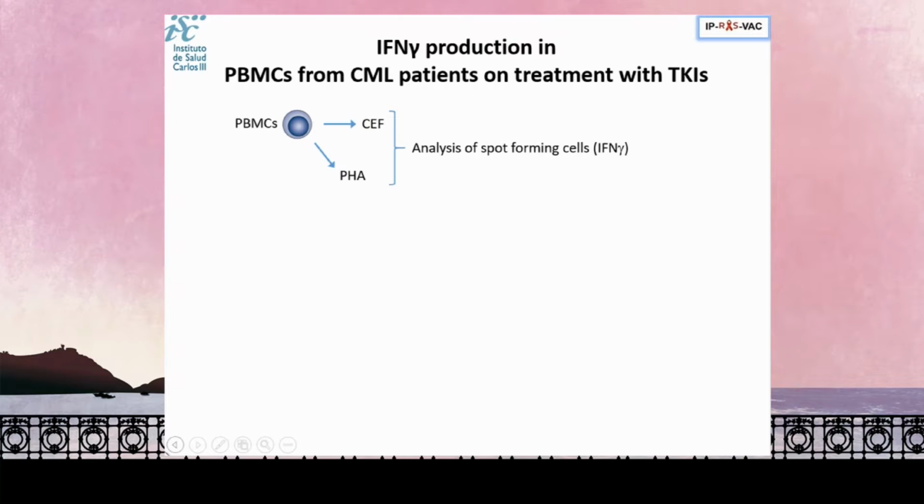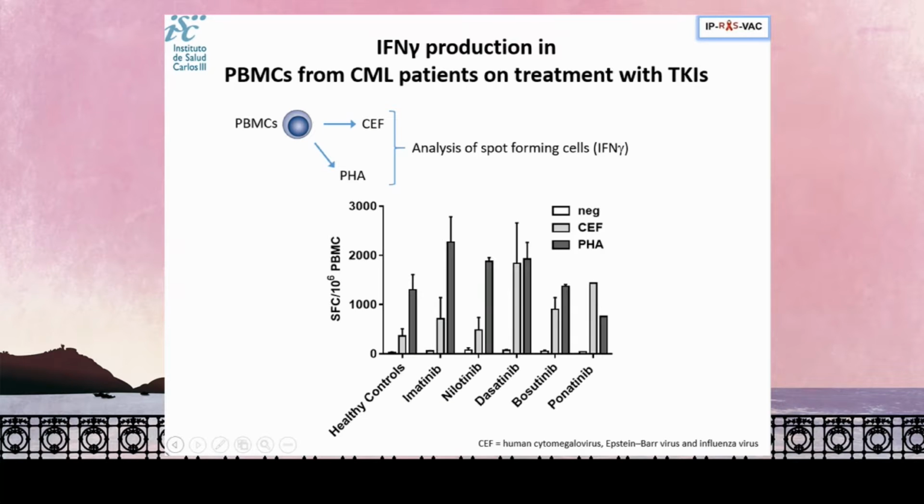So we took the activated PBMCs and treated them with peptides of cytomegalovirus, Epstein-Barr virus, and influenza, with PHA used as a positive control. We observed no significant differences in the ability of the PBMCs from these patients to respond to any of these peptides or to the PHA treatment.